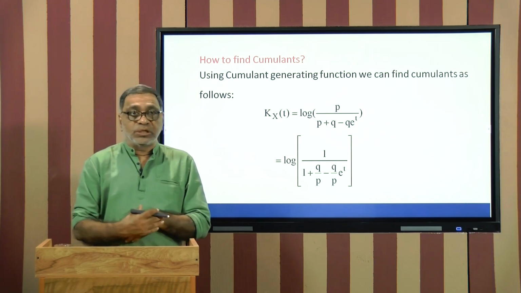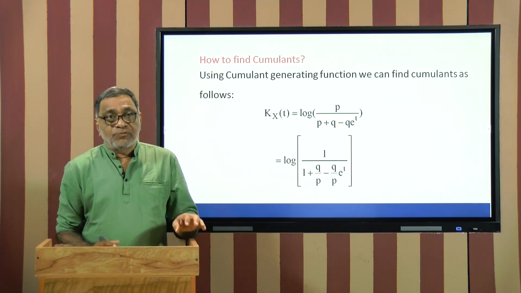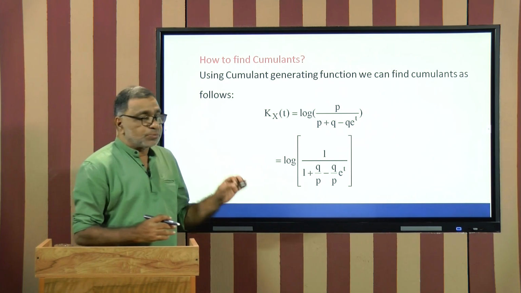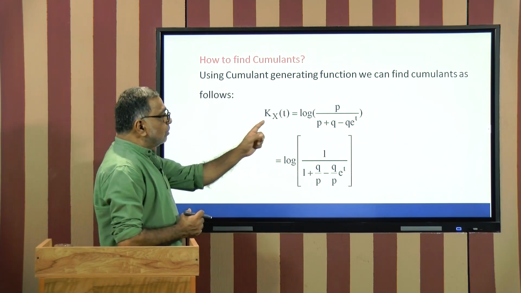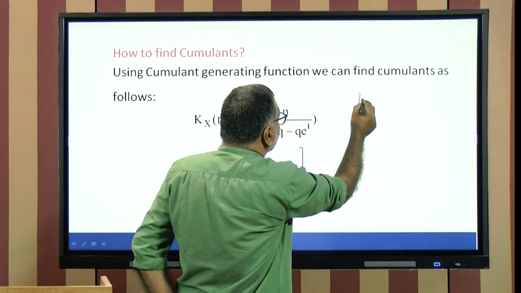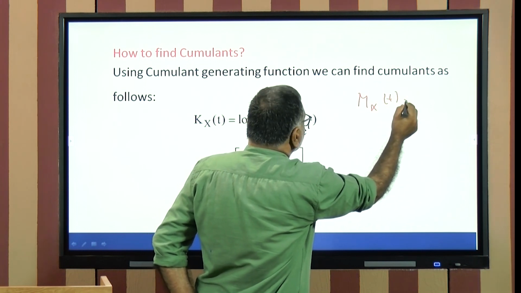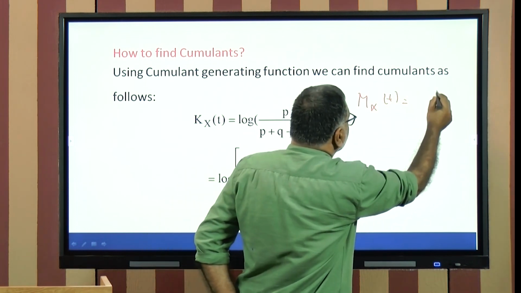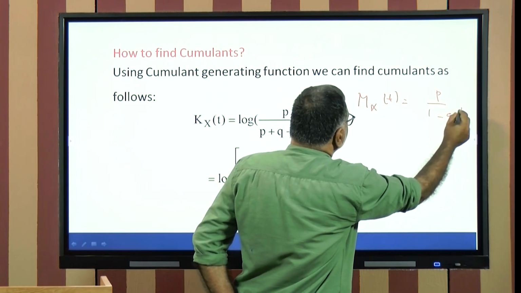How to find cumulants? Using the cumulant generating function, we can find the cumulants for the geometric random variable as follows. Already we have the value of the moment generating function we derived as p divided by 1 minus q e^t.